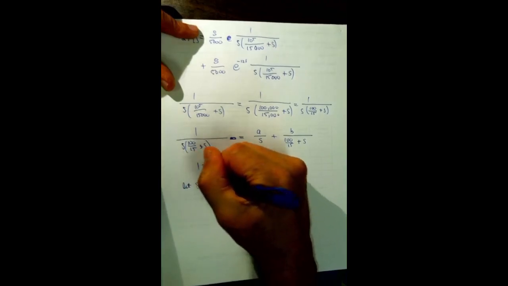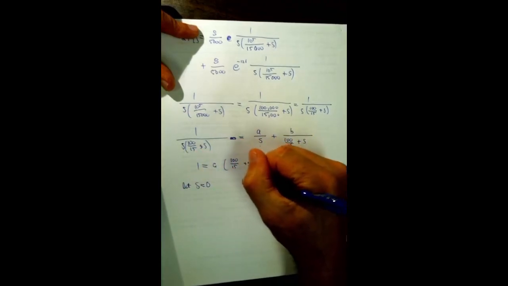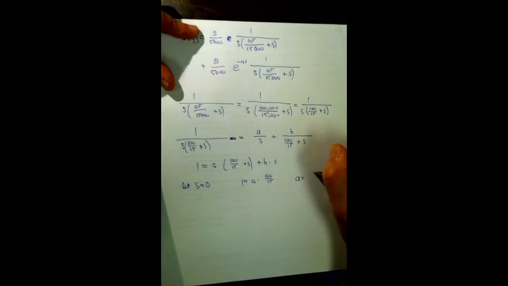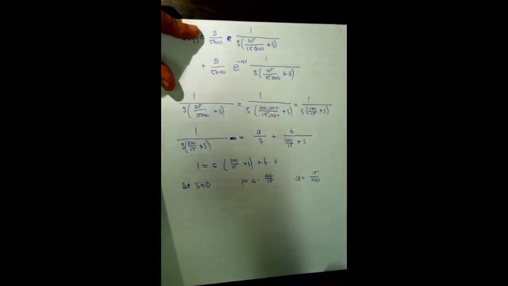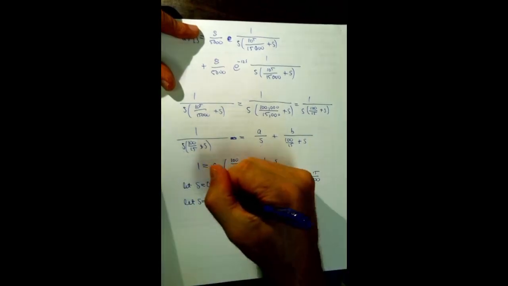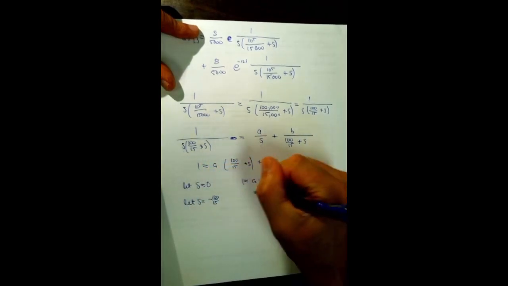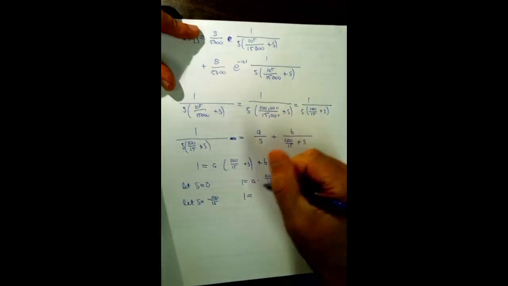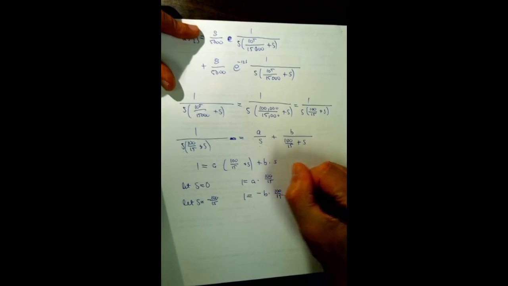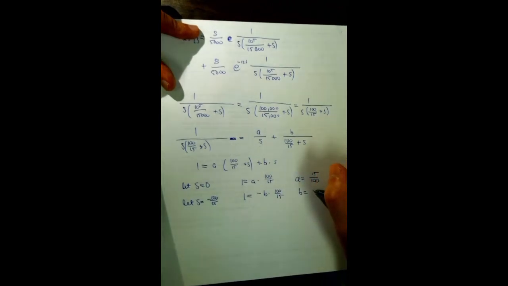So if I let s equal 0, then 1 equals a times 100 over 15, so a equals 15 over 100. If I let s equal minus 100 over 15, I get 1 equals, this becomes 0, plus b times minus 100 over 15, so b is minus 15 over 100.